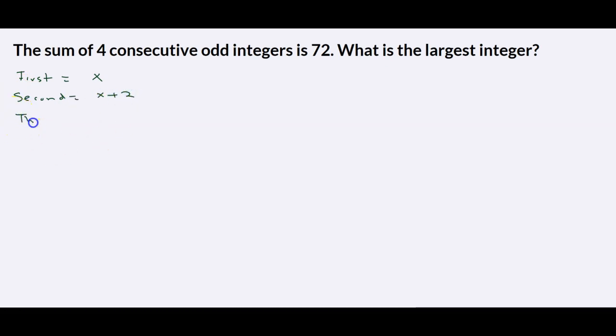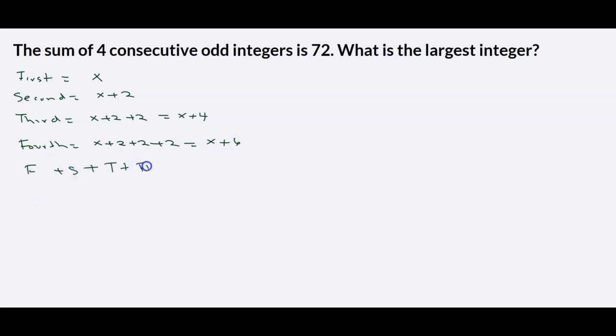The third is going to be x plus 2 plus 2, which is x plus 4. And then the fourth one is going to be x plus 2 plus 2 plus 2, which is going to be x plus 6. So therefore we have first plus second plus third plus fourth equal to 72.